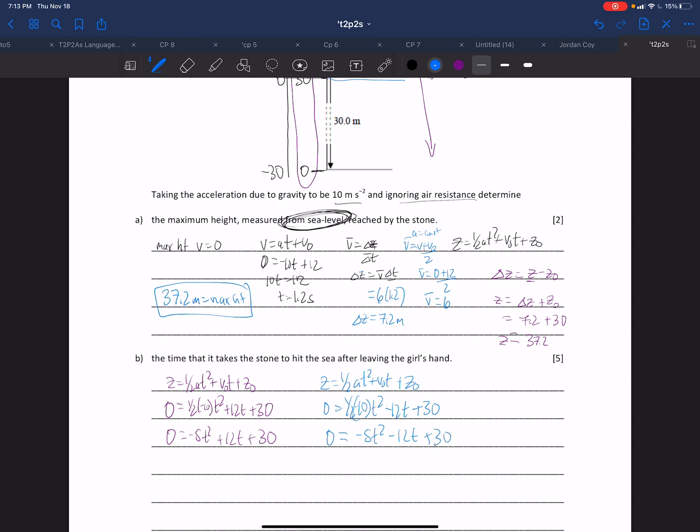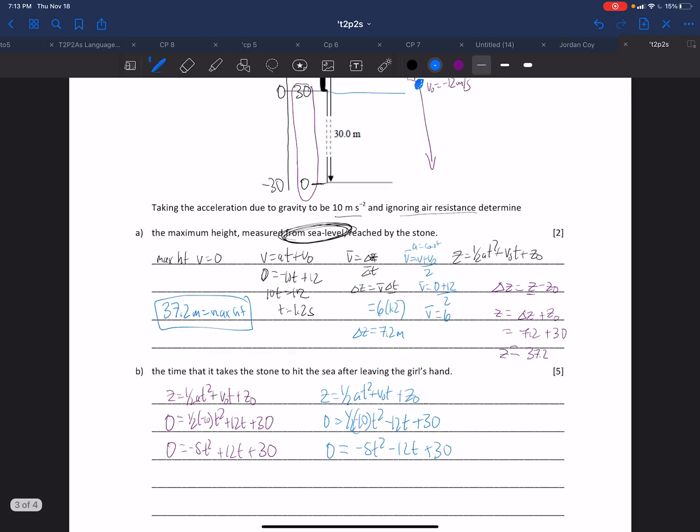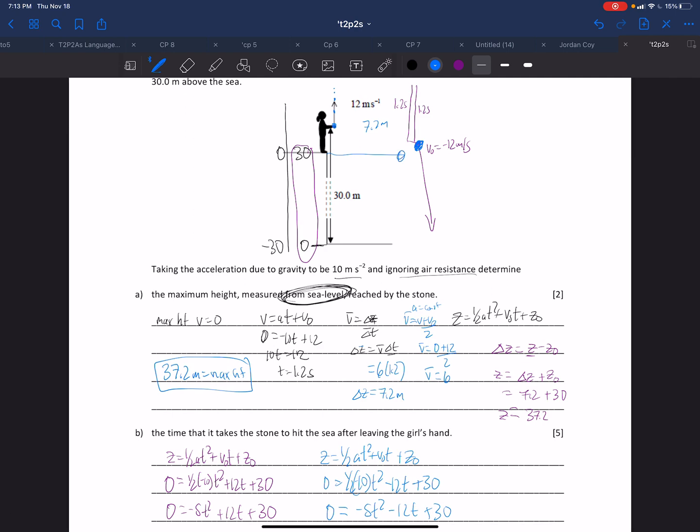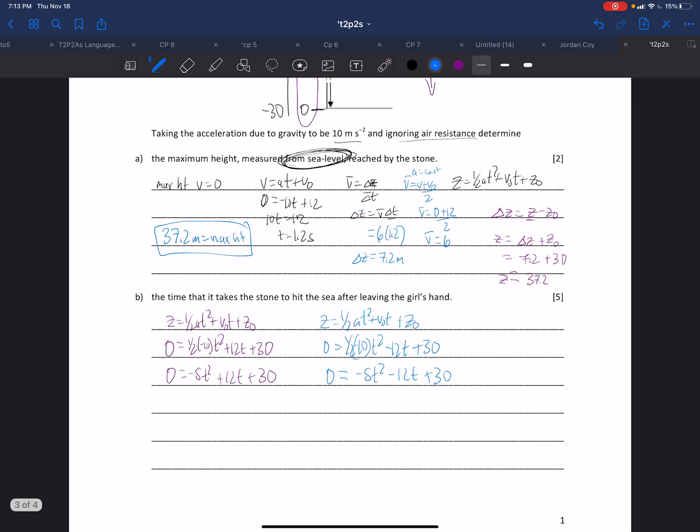So it's not any easier. Well, what if we set this equal to 0 and minus 30? Then we would have minus 30 equals minus 5t squared minus 12t. So in all of these situations, we're ending up with different equations, but they're all equally difficult to solve.